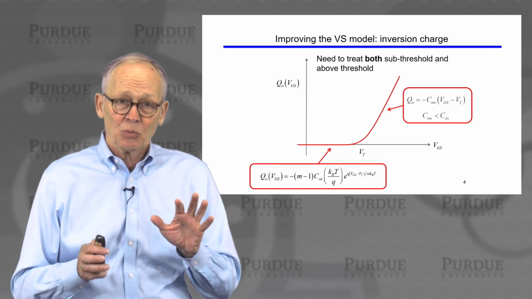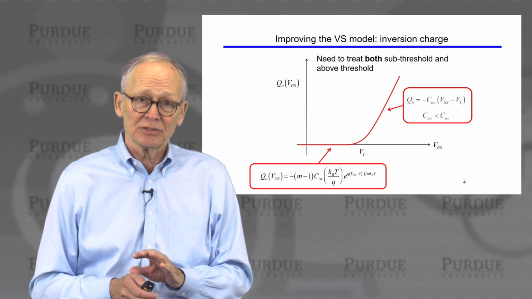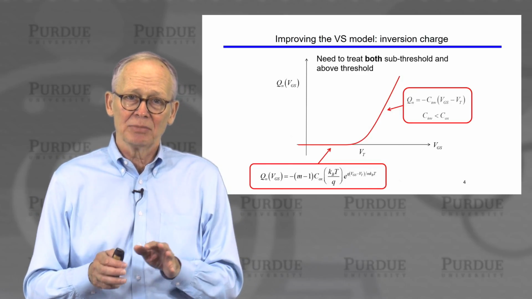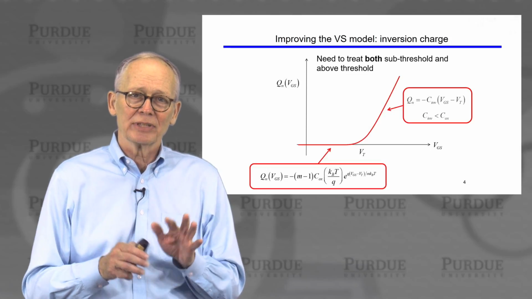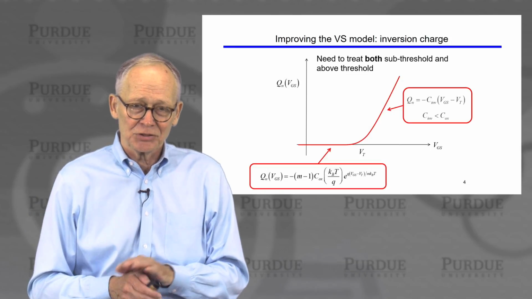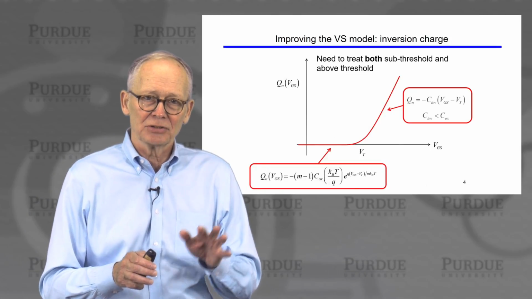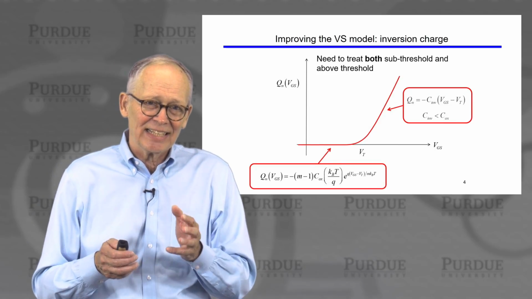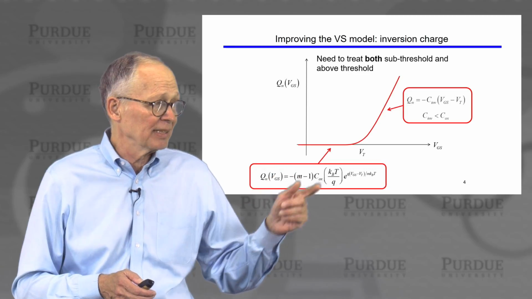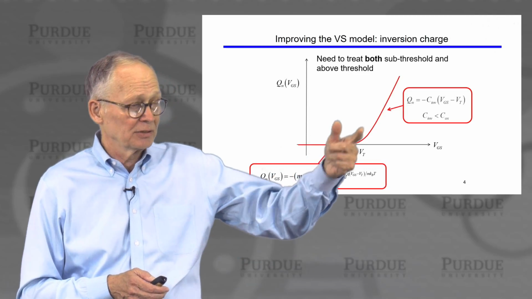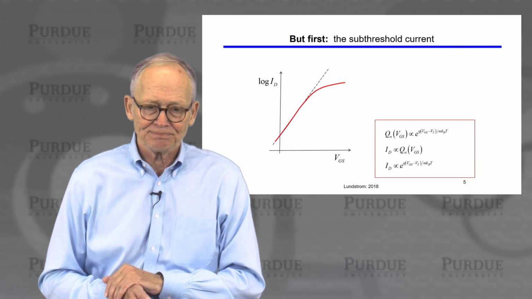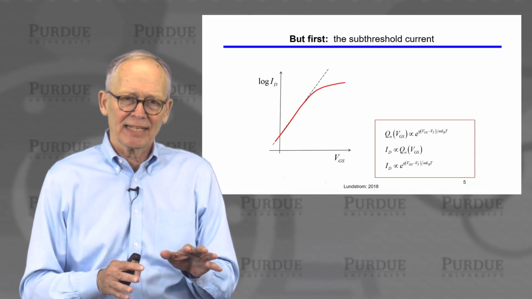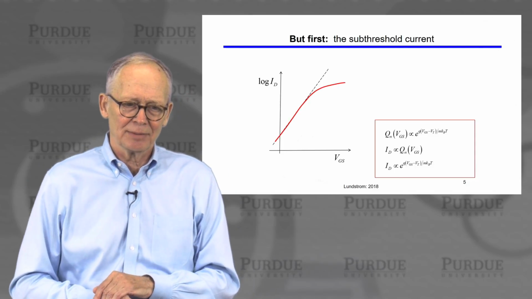Now, one of the things we're going to need to do is to treat both subthreshold and above threshold in one smooth and continuous way. Just as we introduced an FSAT function to smoothly go from linear to saturation region, we need to find some technique to smoothly go from this subthreshold expression to this above threshold expression. But first I want to take a little detour and just talk about subthreshold.